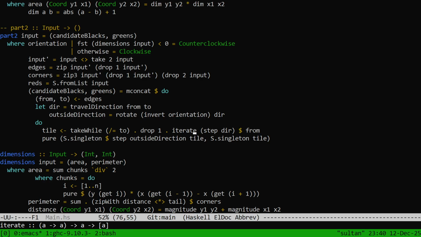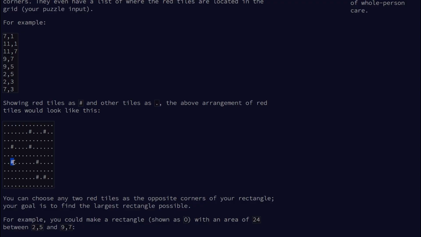So we're starting from, which, I actually don't know which order the input goes in. So it goes from 9.7, this one, to 9.5. So to get here, we would have been traveling from, no, wait, what am I saying?